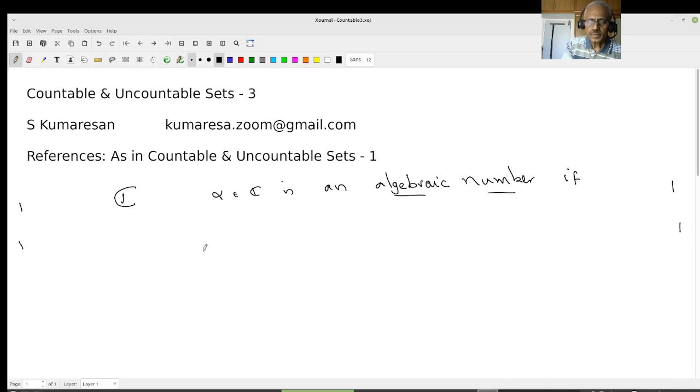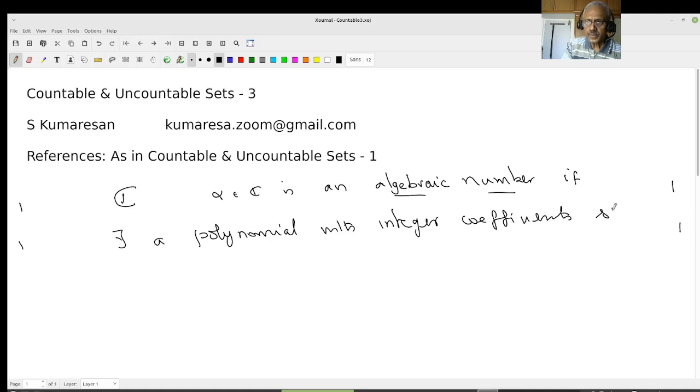If there exists a polynomial with integer coefficients, let us say P, so that P of alpha is 0. That is, alpha is a root of an integer polynomial.